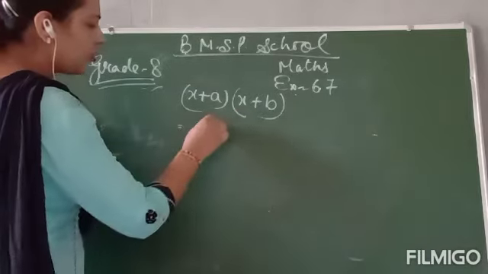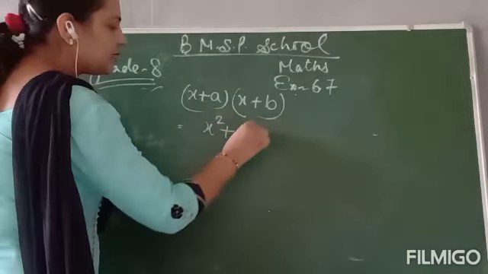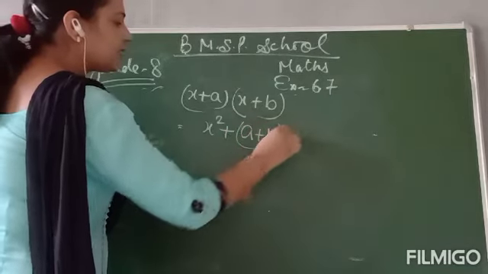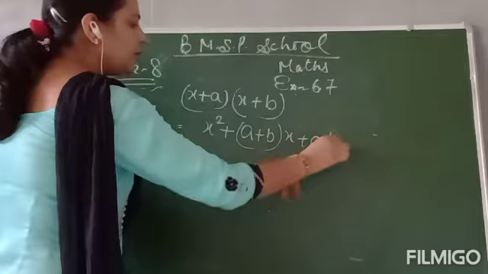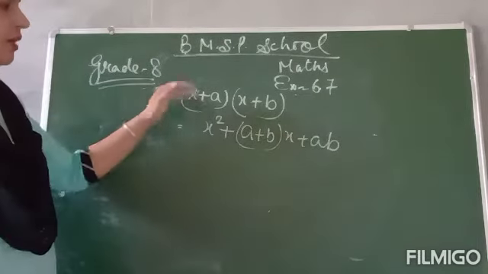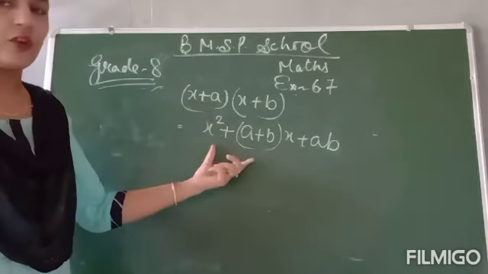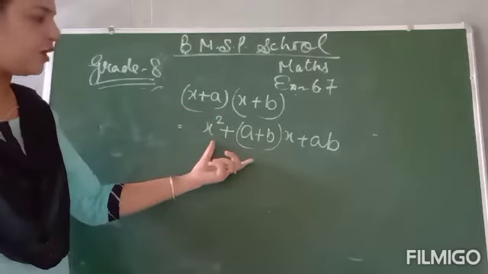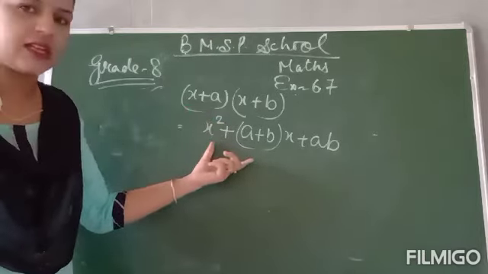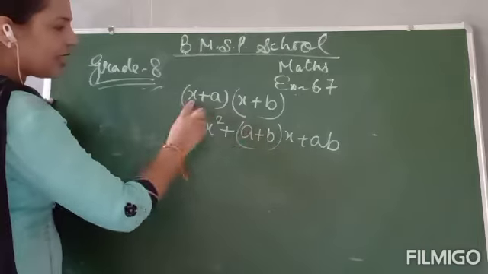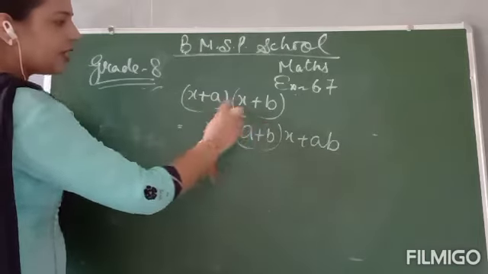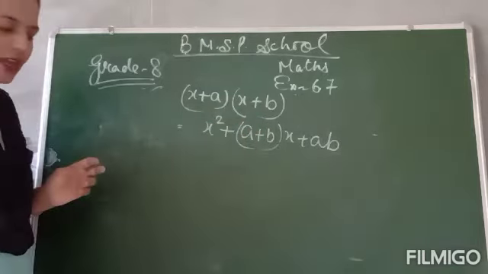So I come to the formula x square plus (a plus b)x plus ab. By calculation I got this formula. You can solve it and get this formula. We directly use this formula in the 6.7 exercise first and second part. Okay. The formula is x square plus (a plus b) times x, like term is with them, a and b, product of a and b.